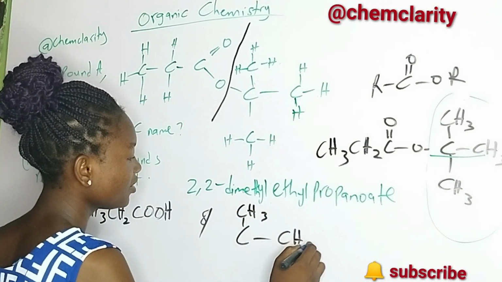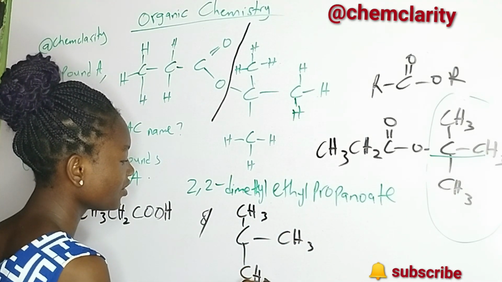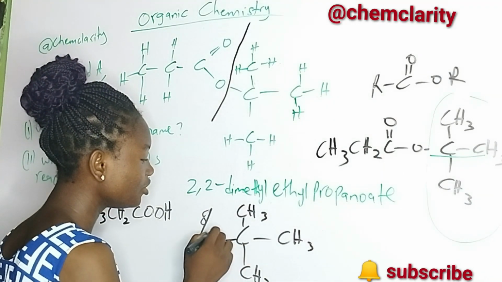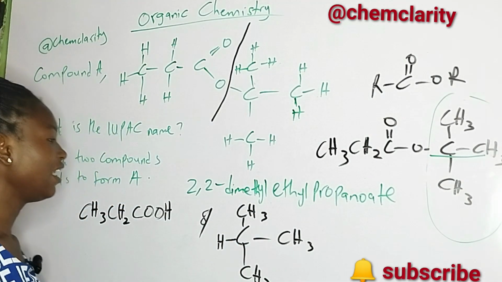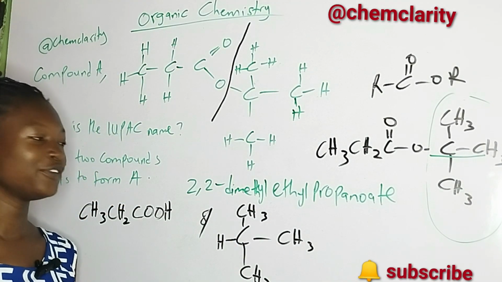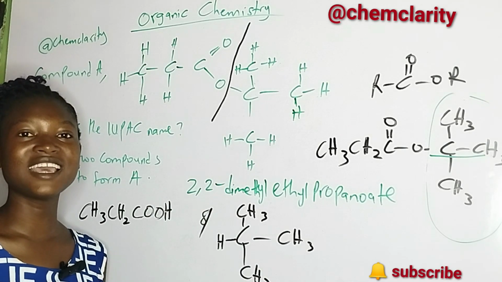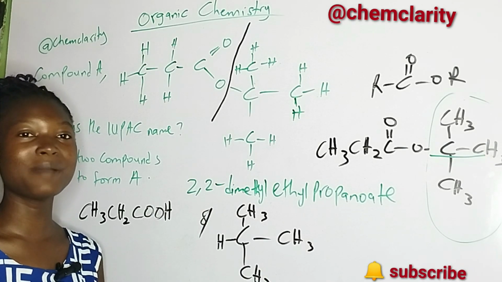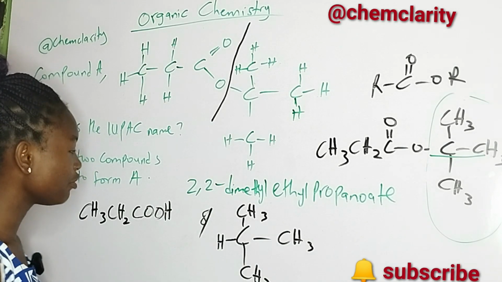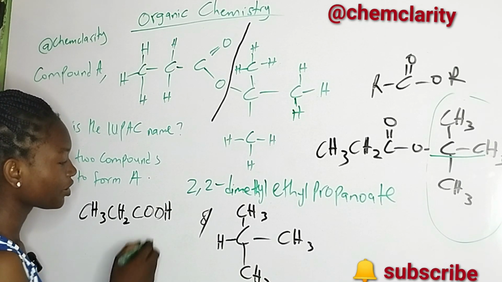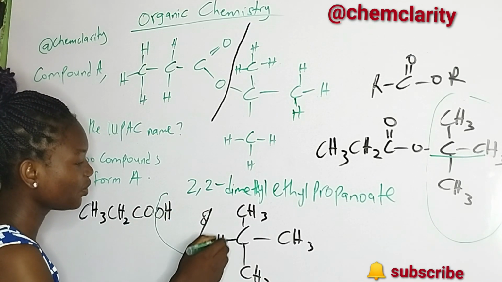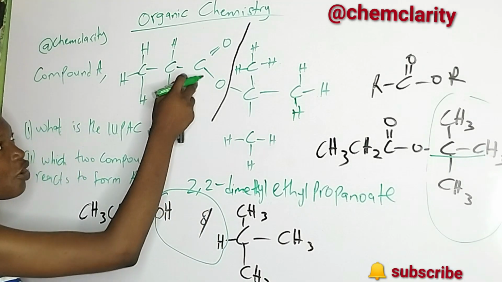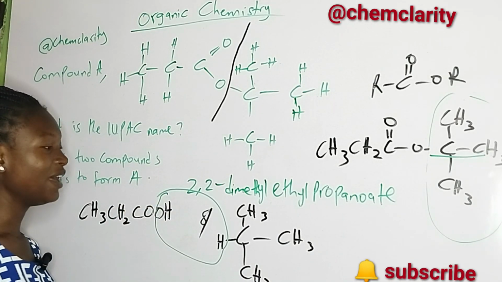CH3, CH3, CH3, and you add H, because if we are forming ester from alkanol and alkanoic acid, it is just like a condensation reaction whereby you remove water. When we remove this water, that's when we have the compound A. Can you see it now?